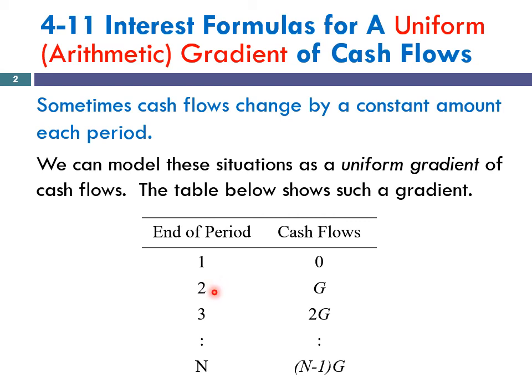At the end of period 2, we increase the cash flow by a constant amount of G. G represents the amount of increase in the cash flow, or it can be a decrease as well. In the third period, it is 2G, and it increases by an amount of G at each period. This is what we call a uniform gradient series.